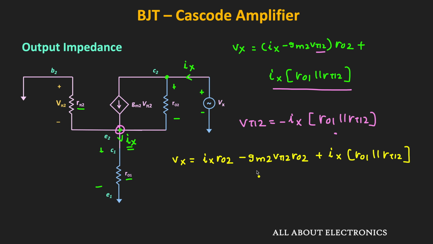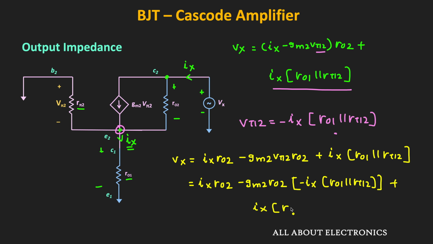Now, if we put the value of the Vpi2, then further we can write it as Ix times R02 minus Gm2 times R02 times minus Ix times R01 in parallel with Rpi2, plus Ix times R01 in parallel with Rpi2.